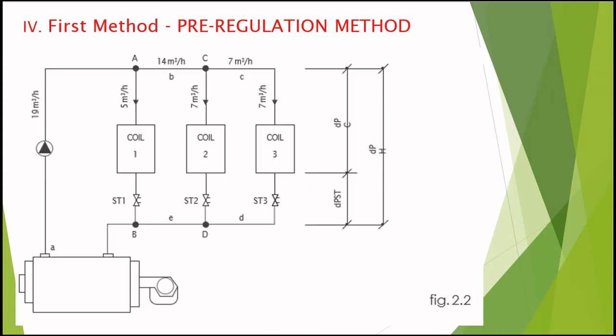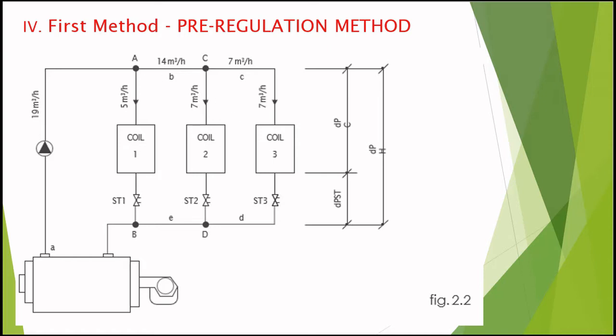On this circuit we have a total flow of 19 cubic meter per hour, and individually this branch for this coil is getting 5 cubic meter per hour, and the other two branches are getting 7 each, 7 cubic meter per hour flow.